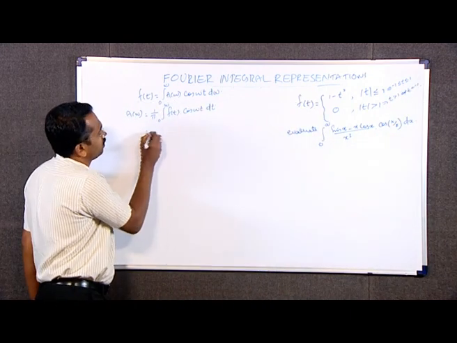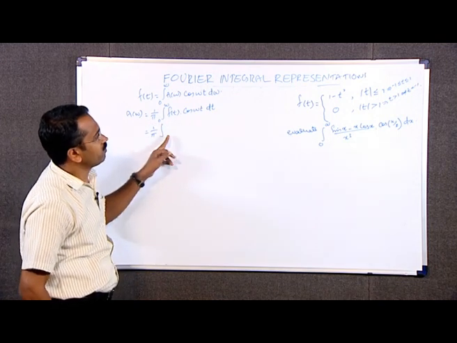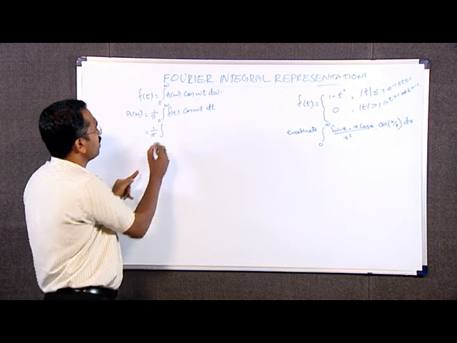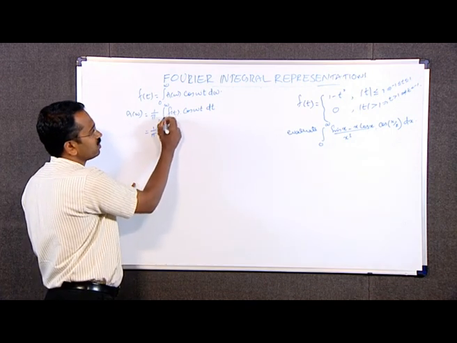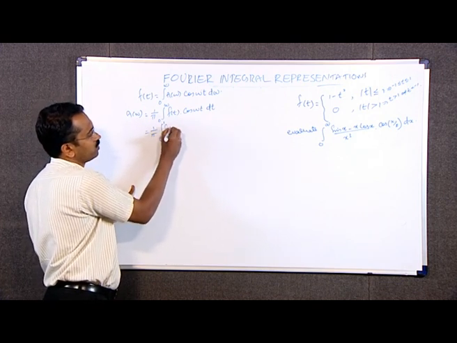Therefore, this integral will become integral from 0 to 1. We have to split 0 to infinity as 0 to 1 and 1 to infinity.